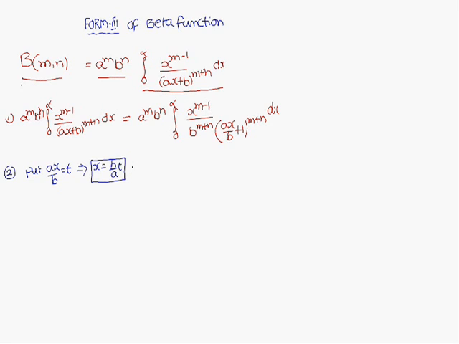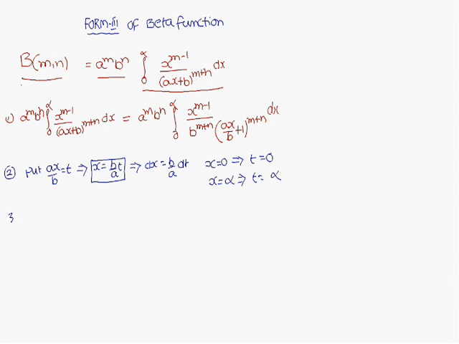If you do the differentiation, you are going to get dx equal to (b/a) dt. Similarly for the limits, x equal to 0 implies t equal to 0. Similarly x equal to infinity means t also infinity.